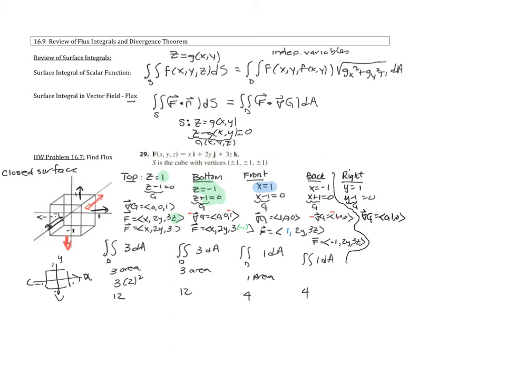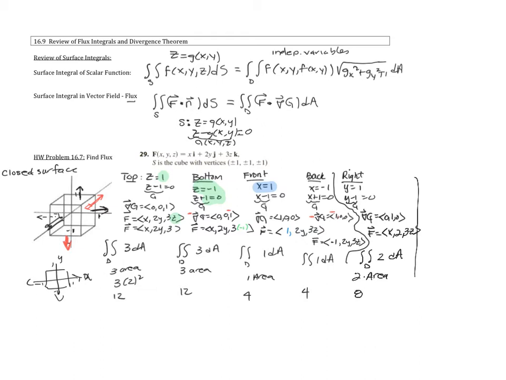And we do want the right facing normals on that right side, so that's what we want there. Our f, we go back to our f and we put in y equals 1. And so we'll get x, 2, 3z. And when we take that dot product, we get 2. The projection is still that square of length 2 on each side. And so this is going to be 2 times the area. So 2 times 4, which is 8.